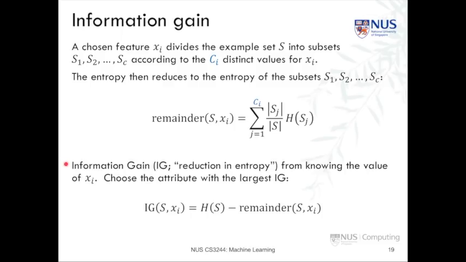So then when we want to measure the information gain, in other words, the reduction in entropy, we want to choose the attribute that has the largest amount of information gain, which is basically how much information there is in the problem, subtracting from what is remaining after we split on xi. This is our information gain for the particular set of examples when we choose the feature xi to split on.